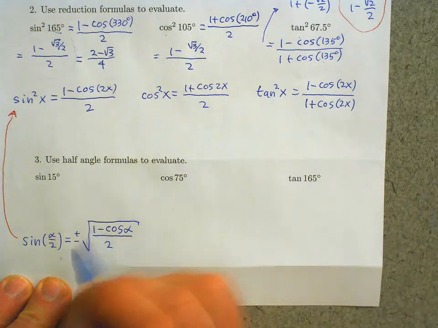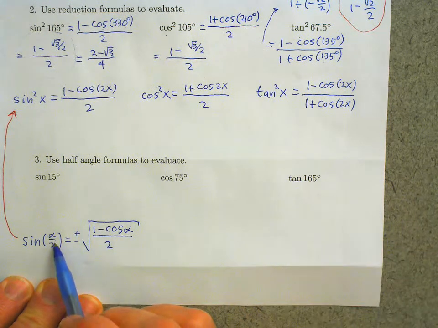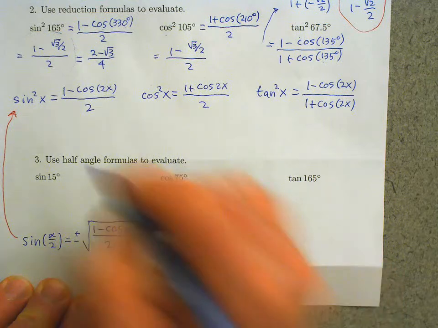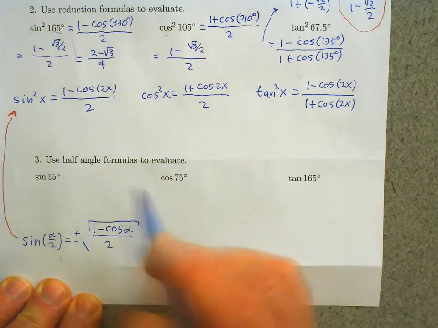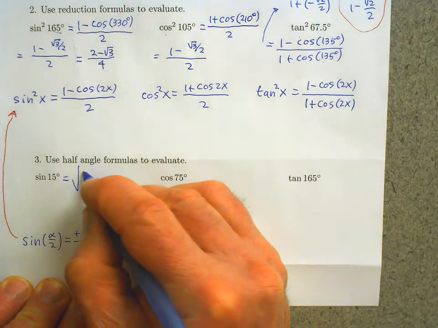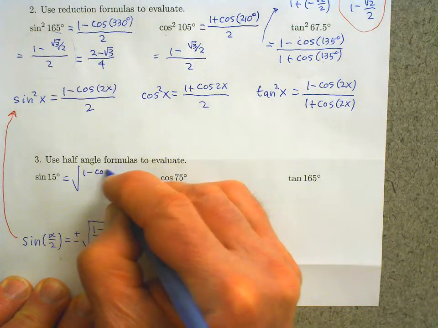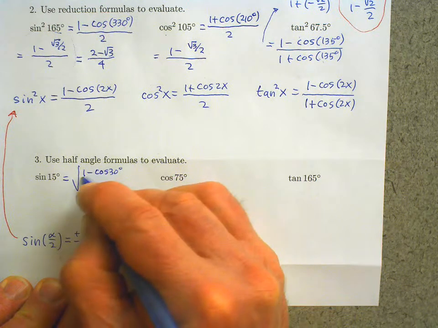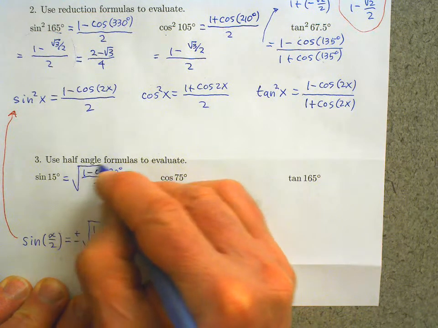Okay, so if alpha over 2 is 15 degrees, well, we know sine of 15 is positive, so this will be the positive square root of 1 minus cosine of 30 degrees over 2.